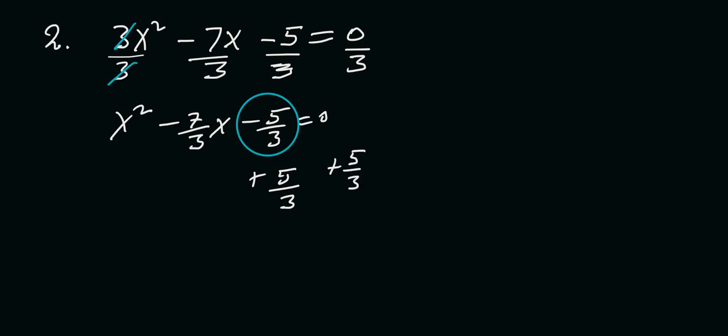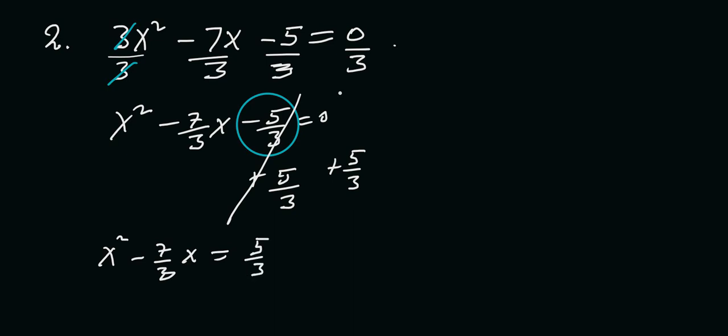And when you do that, this will cancel out from here. So now we have x squared negative 7 over 3x is equal 0 plus 5 over 3, and you know that's going to give us 5 over 3.